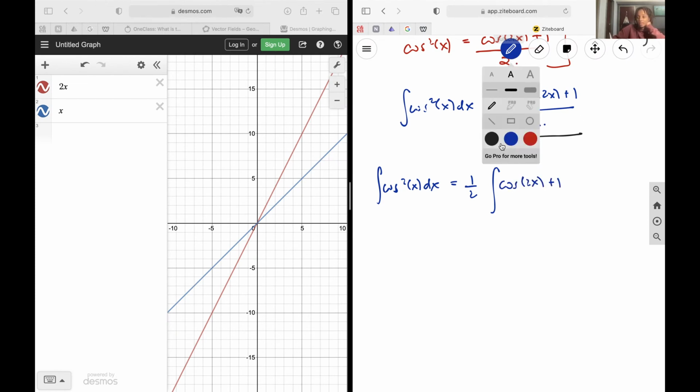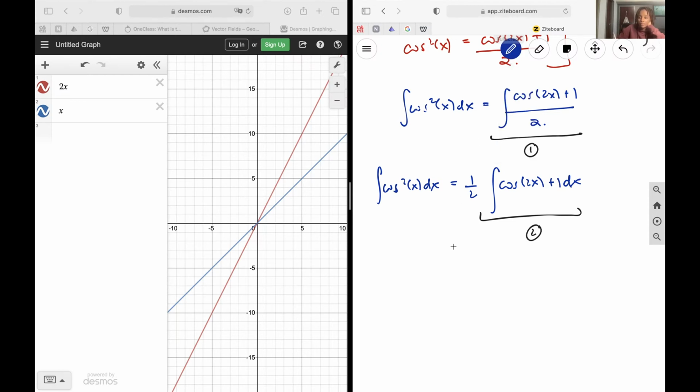And then I'm going to use that second rule we just talked about for if I have two functions. So my two functions are 1 and cos 2x. So just apply property 2. And this will become 1 over 2 multiplied by the integral of cos 2x dx plus the integral of 1 dx.